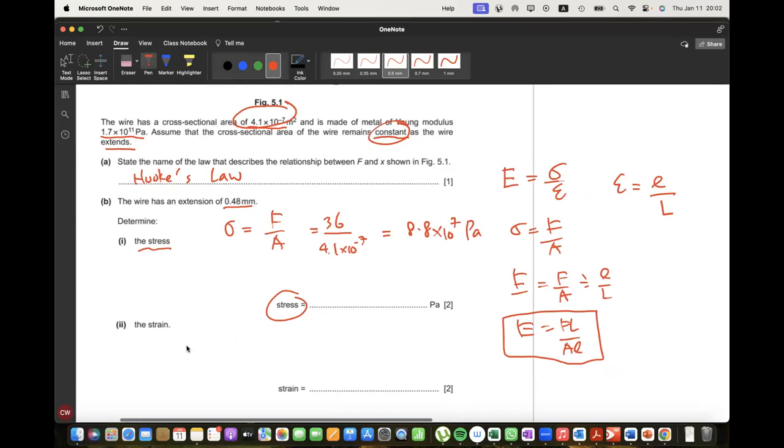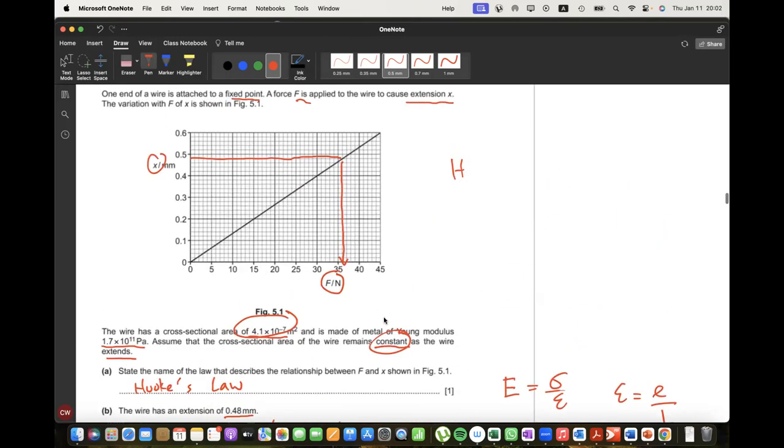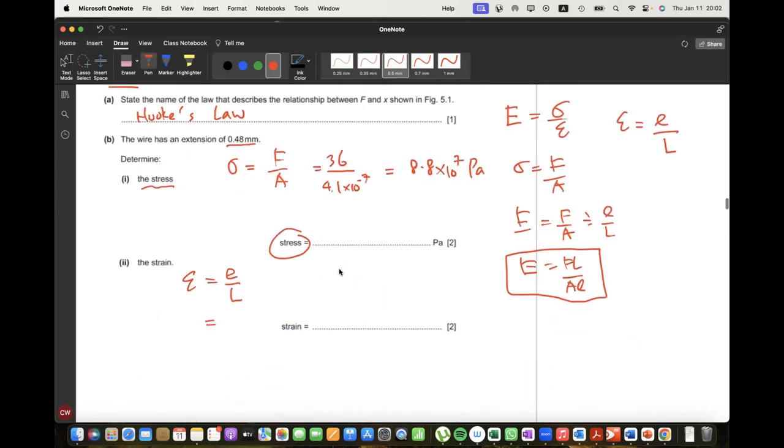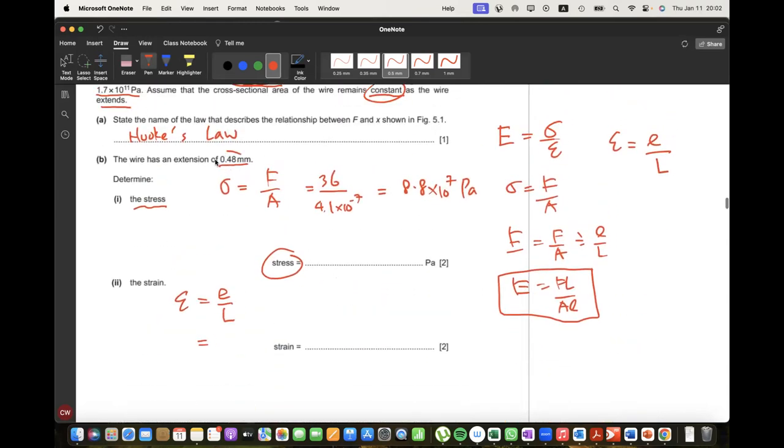What is the strain again? Extension over original length. Can you read the extension from the graph? Is this the extension? Yes. Extension is 0.48, okay?